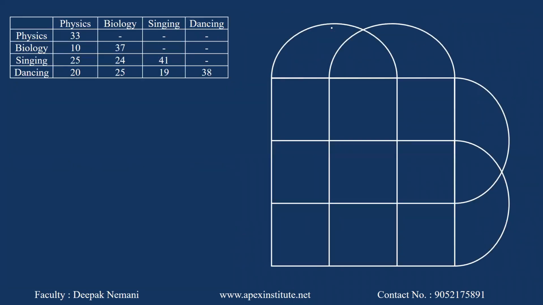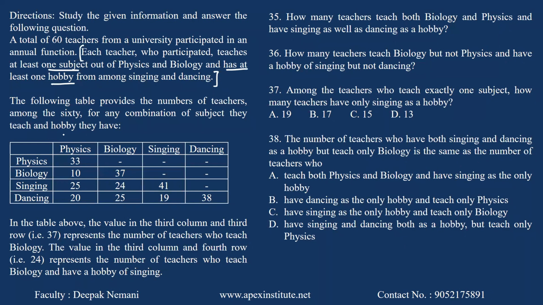Okay, so if I make this 4-set Venn diagram where this represents physics, biology, singing, and dancing, all the teachers teach at least one subject and have at least one hobby from among singing and dancing.